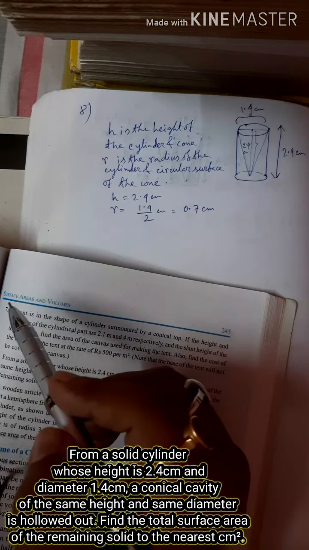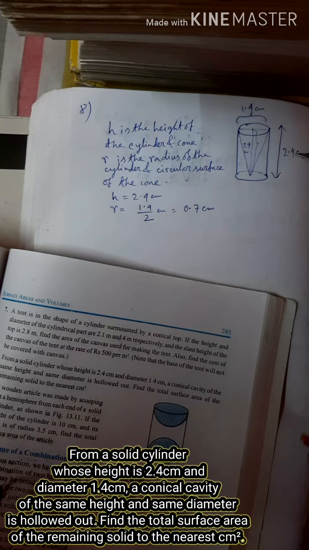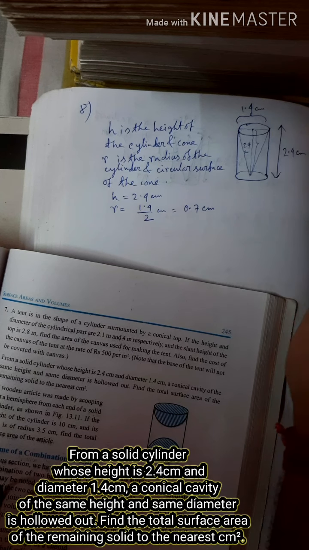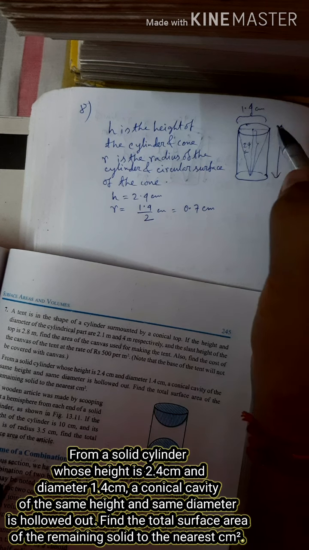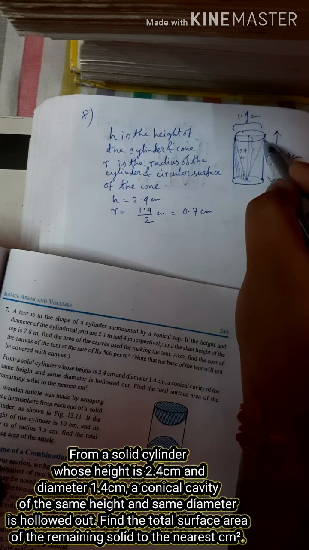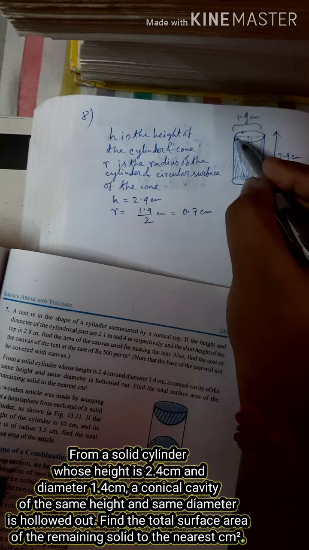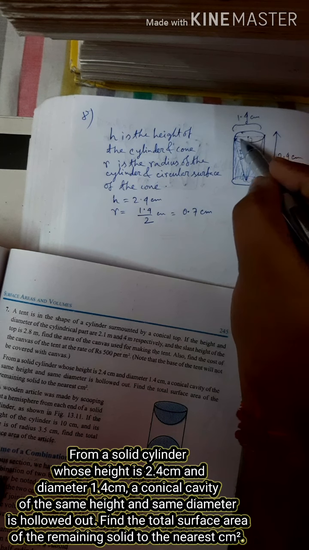Now the question is, if I take out this conical cavity from this cylinder, then I will be having only this curved surface of the cylinder, and this much space will be hollow.